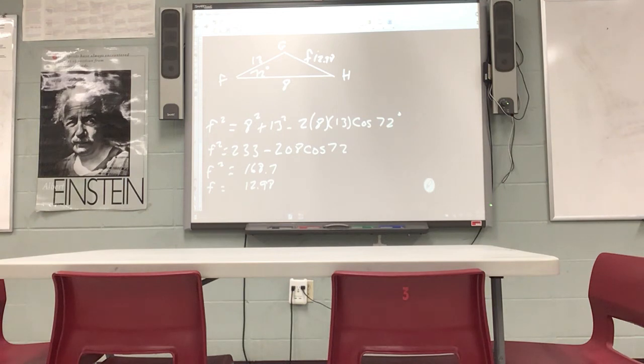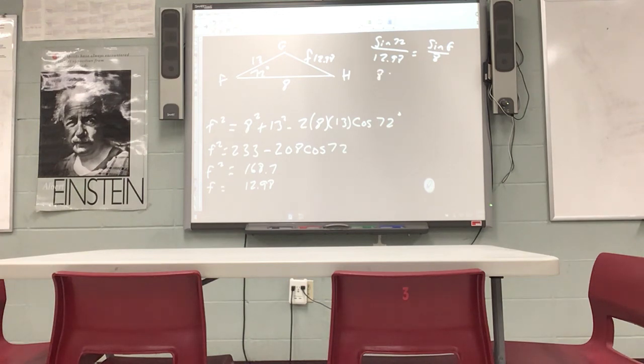We're trying to solve for angle G, so we're going to put the angle on top. So sine of 72 over 12.98 equals sine of G over 8. G is being divided by 8, so you multiply by 8.